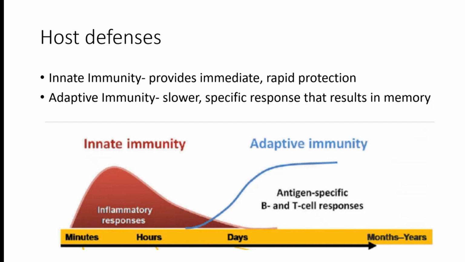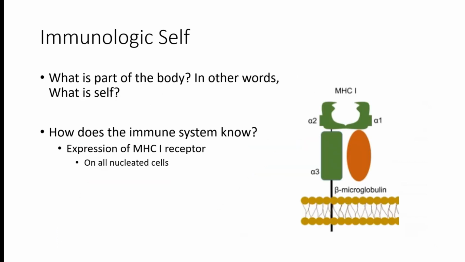So in other words, we humans can create particular responses that will only respond to Escherichia coli, E. coli bacteria, or to the coronavirus that we just dealt with over the past few years, right? And so those really specific responses have to be produced, and it takes more time to do so, right? So those are what we call antigen-specific responses. Okay, so again, we have this two-part system, which is really overall a single system, the immune system.